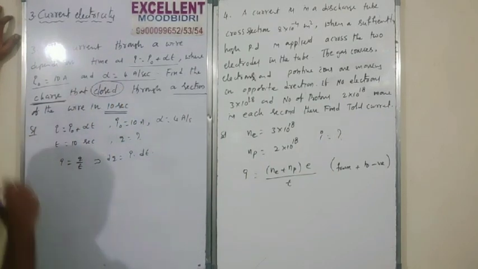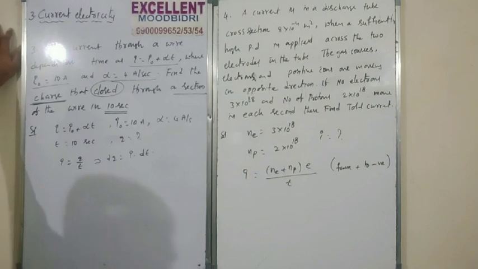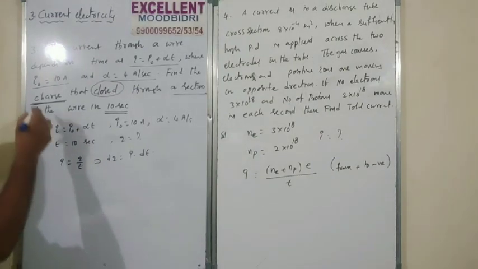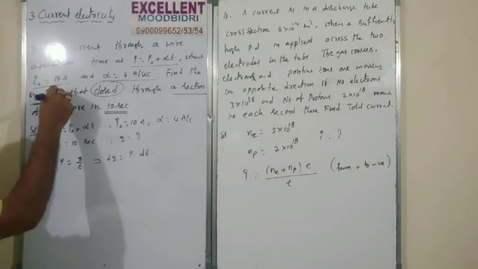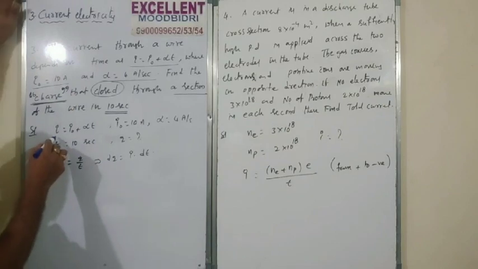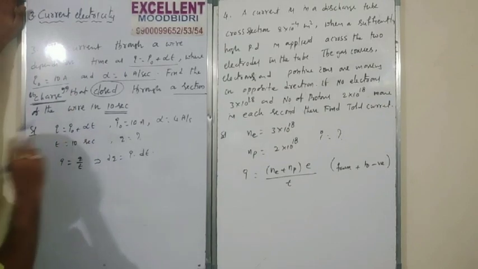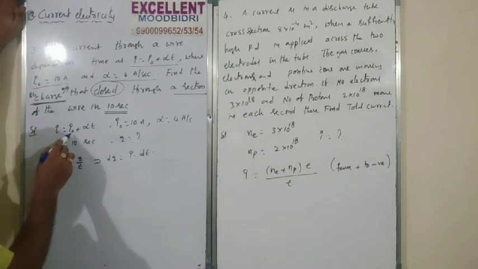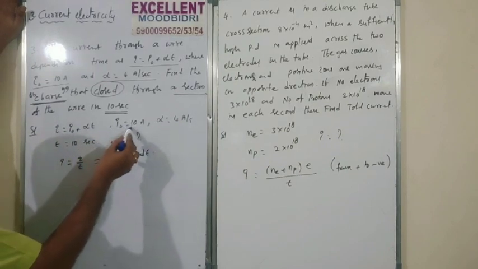You can remember this: flowed means 0 to 10 seconds. So what is the charge? Very simple question. Given I is equal to I naught plus alpha into T, where I naught is 10 ampere.